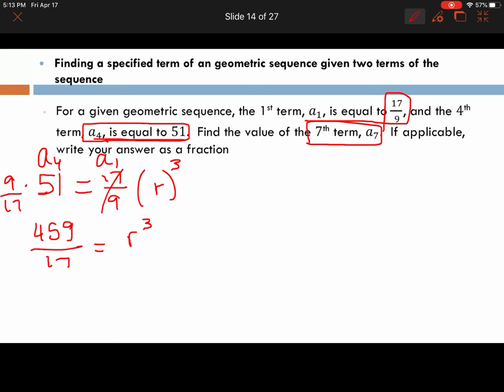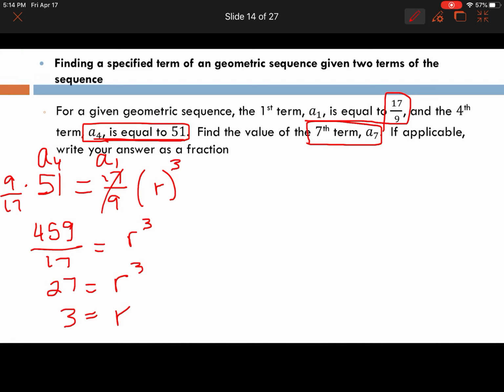So let's just see if 17 will reduce in there, and it does. So that means 27 is equal to r cubed. And 27 is a perfect cube, so r is equal to 3. Now you probably could have gone through and done some guessing, but with that fraction there, that's not so easy. Some of them might be easy enough, but this was a direct way that we could solve for r, because we had all that information, right?